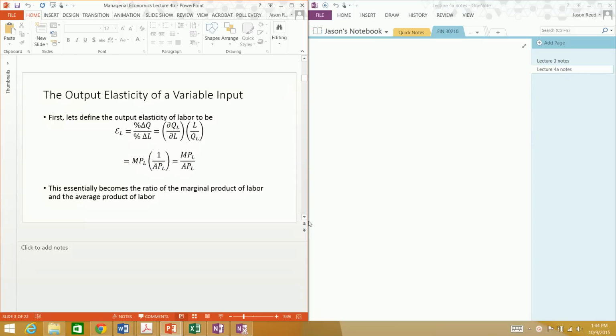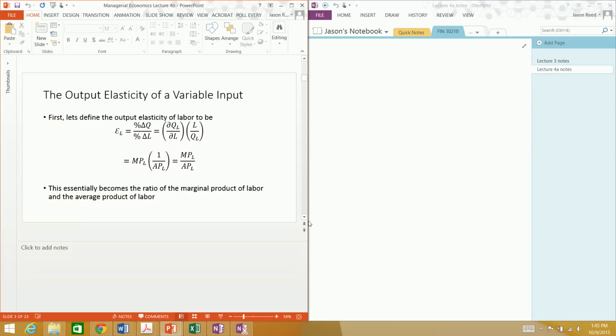Mathematically, what that ends up being for us is the first derivative of our production function with respect to labor multiplied by L over Q. If we were to simplify this, we get marginal product times the inverse of the average product. And so we have this ratio that's developing of marginal product of labor to the average product of labor.